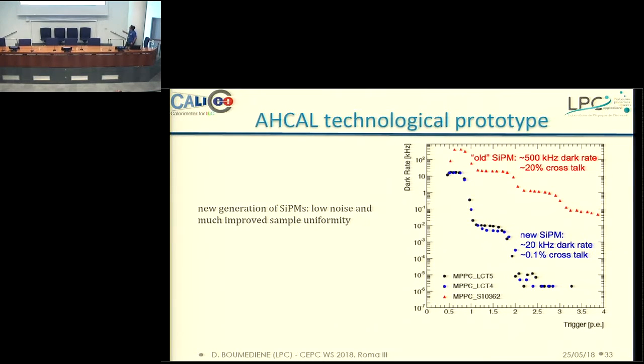The SiPM will also be improved. You see here a new generation of SiPM, and they are compared to the old one in terms of dark rate versus trigger threshold in photoelectrons. So this is expected to improve the signal over background for the AHCAL.